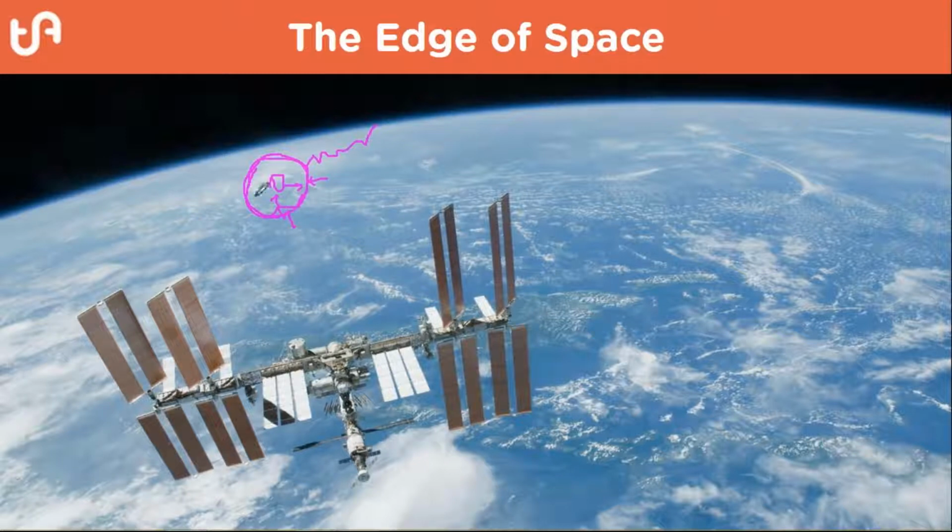Unless the ISS stays on its orbit around the Earth, it will either fly off into the space or it will crash into the Earth, right? These are two things that can happen. So that's why we call this particular orbit the edge of space, EOS, okay? Because that's the edge it has to maintain.